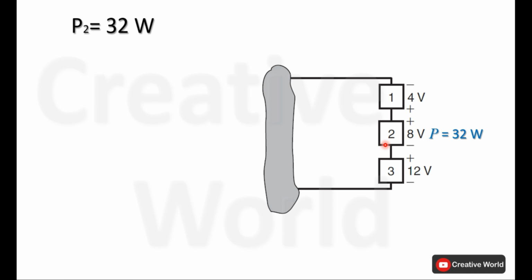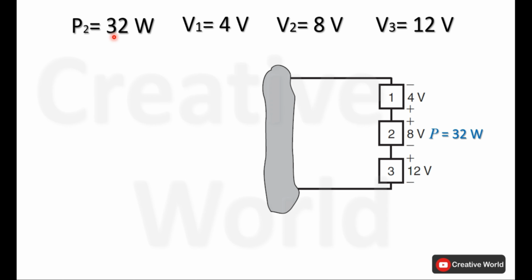The data collected from this question is: power of element 2 is 32 watt, voltage across element 1 is 4 volt, voltage across element 2 is 8 volt, and voltage across element 3 is 12 volt, and we have to calculate P1 and P3. In order to calculate power 1 and power 3, we should have two parameters of these elements. One is voltage and the other one is current passing through these elements.